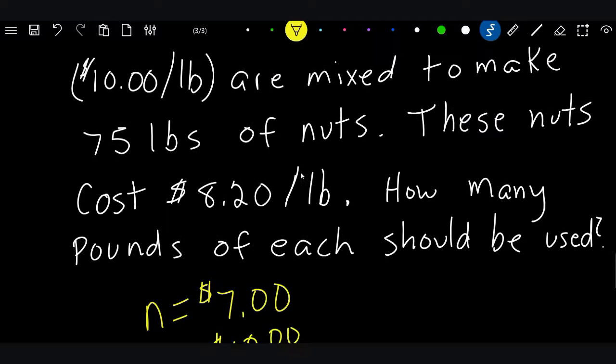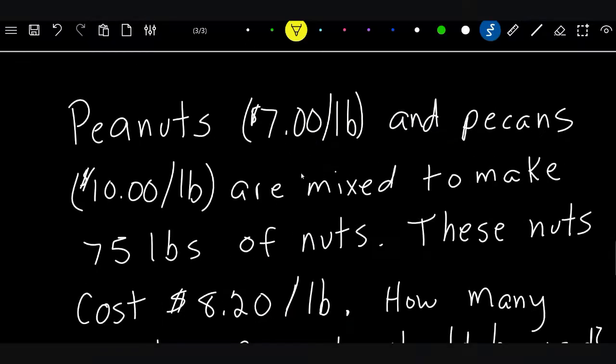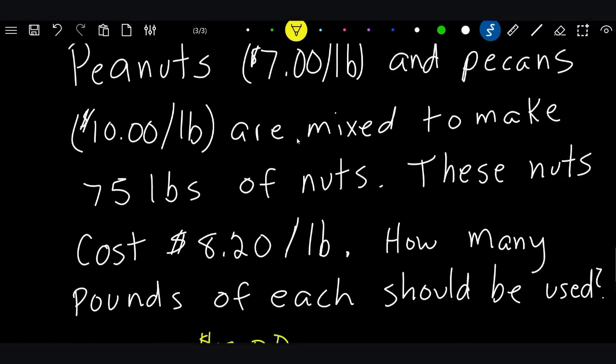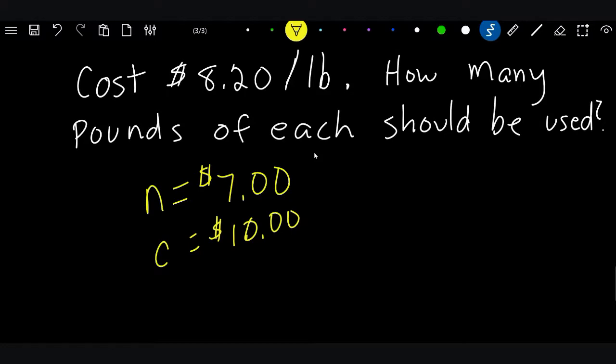All right, so there we go. What else do we know? We know that we're going to mix them together to make 75 pounds of nuts. So that's going to equal 75 pounds. That's a lot of nuts right there.